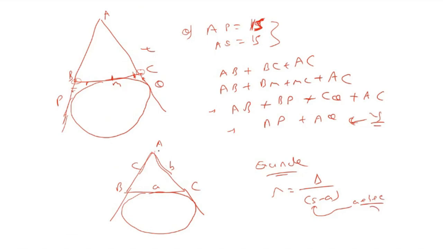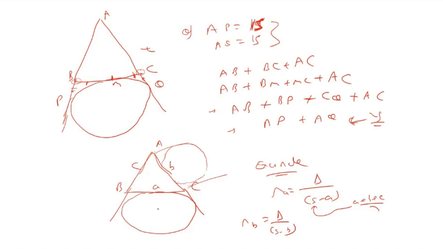Similarly, if you make a similar circle on b such that it is tangent to that side, then this radius, RB, where b refers to the small letter side and not the vertex, will be area upon s minus b.